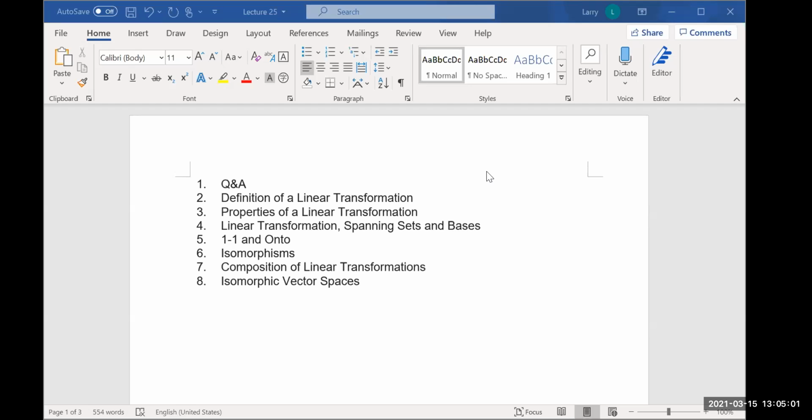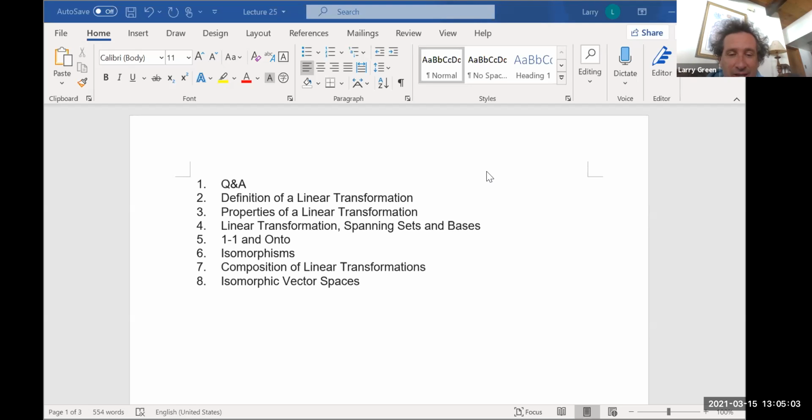So it turns out they seem to look nothing like each other. Like 3x cubed plus 4x squared plus 2x plus 7 versus the matrix 1, 4, 2, 7. And it turns out they're actually exactly the same things, even though they don't feel like it. But we're going to show that they are isomorphic to each other.